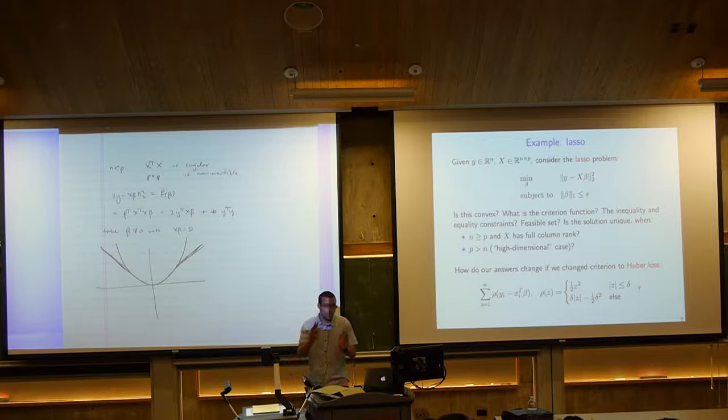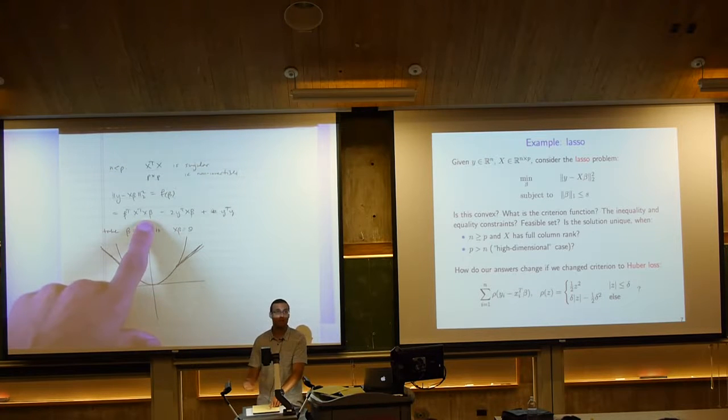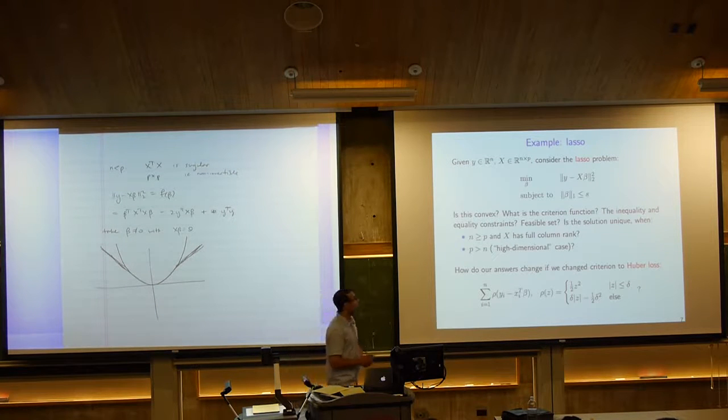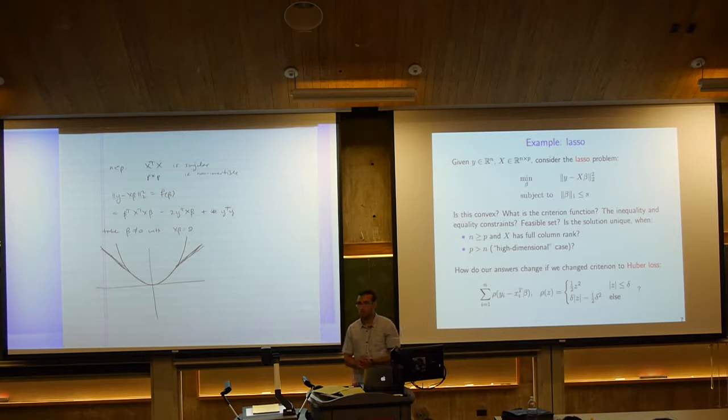But I think what you're suggesting is that even if X did have a null space, we haven't shown the existence of multiple solutions. And you're right. As I was foreshadowing, the lasso generically does not have a non-unique solution even when p is bigger than n. It just happens in kind of odd cases. So, other questions?